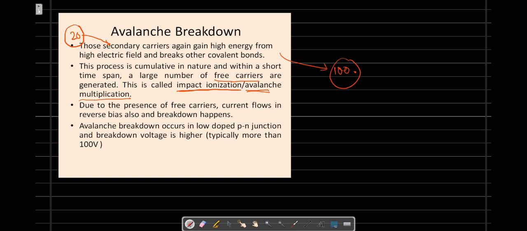So that's why you are getting a large amount of reverse current. And generally, the avalanche breakdown occurs at a low doped PN junction when the doping concentration is less and the breakdown voltage is higher, typically more than 100 volt, 500 volt, maybe 1000 volt, depending upon the doping concentration.